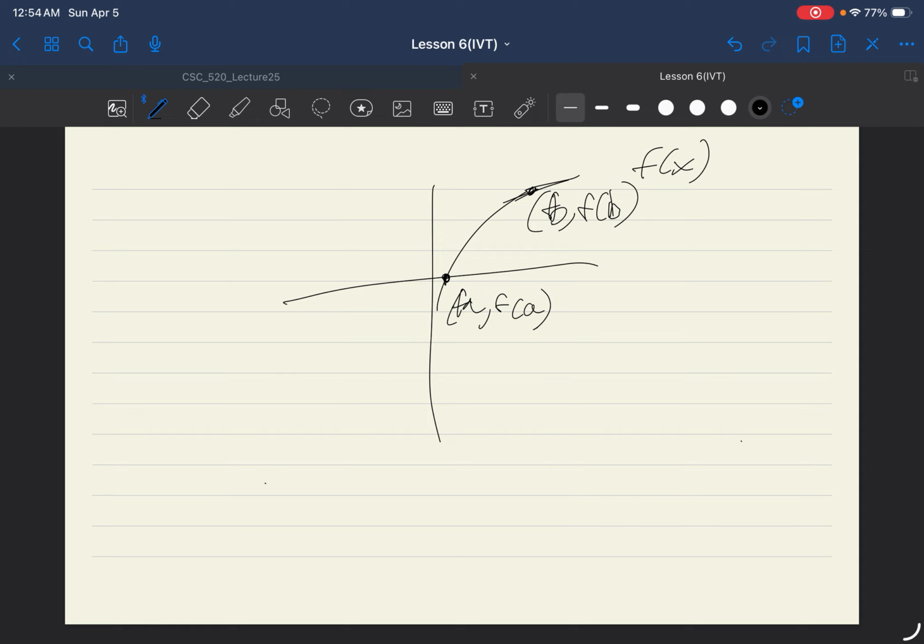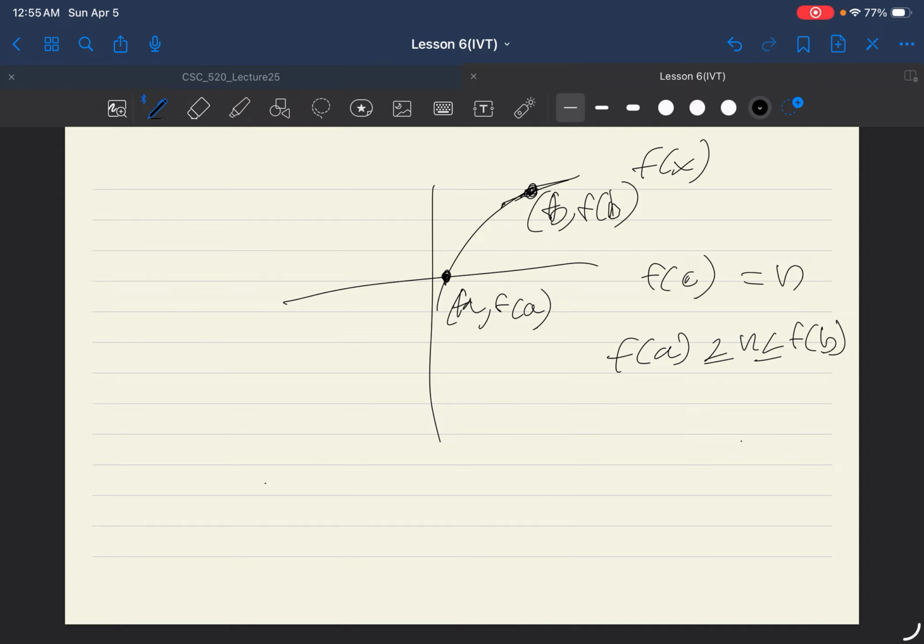right? Basically, what IVT is stating is that there must be a point c between a and b where f of c is going to be equal to that number n. Because remember, f of a is less than or equal to n is less than or equal to f of b, meaning it has to be somewhere in between this and this.